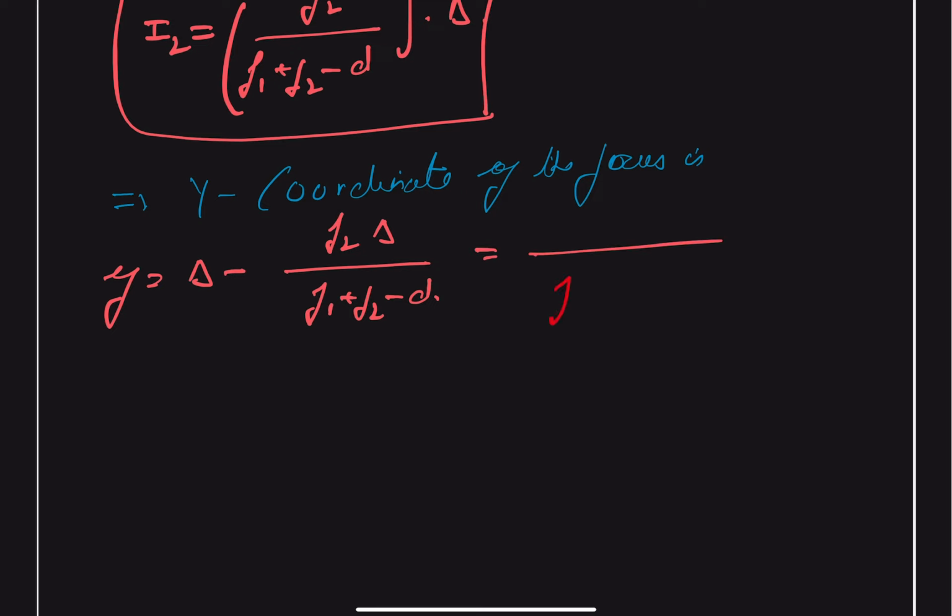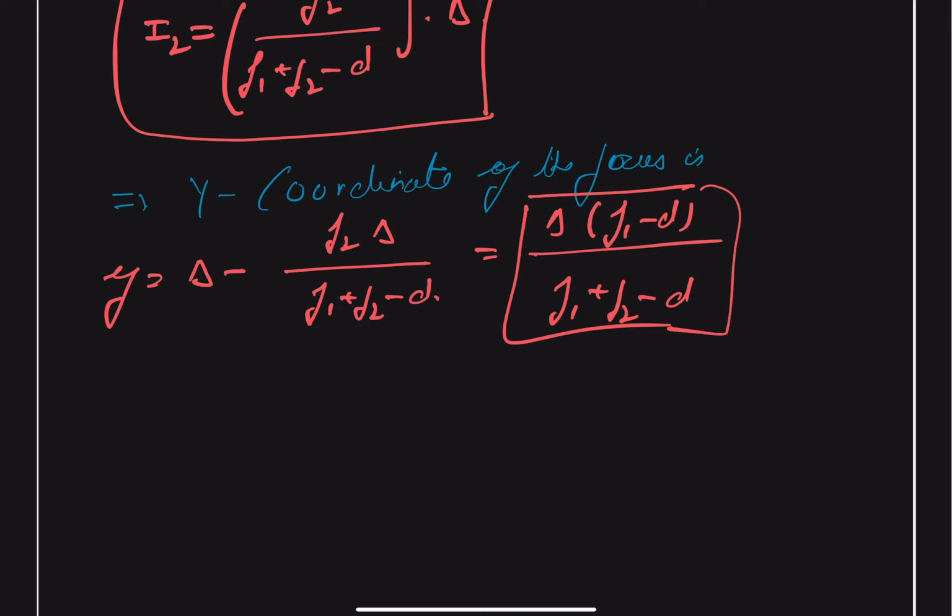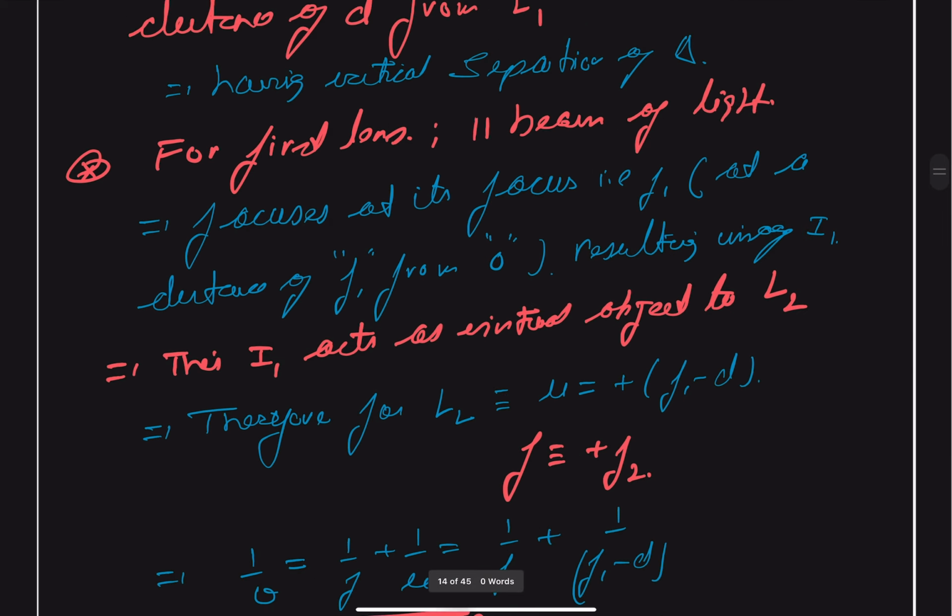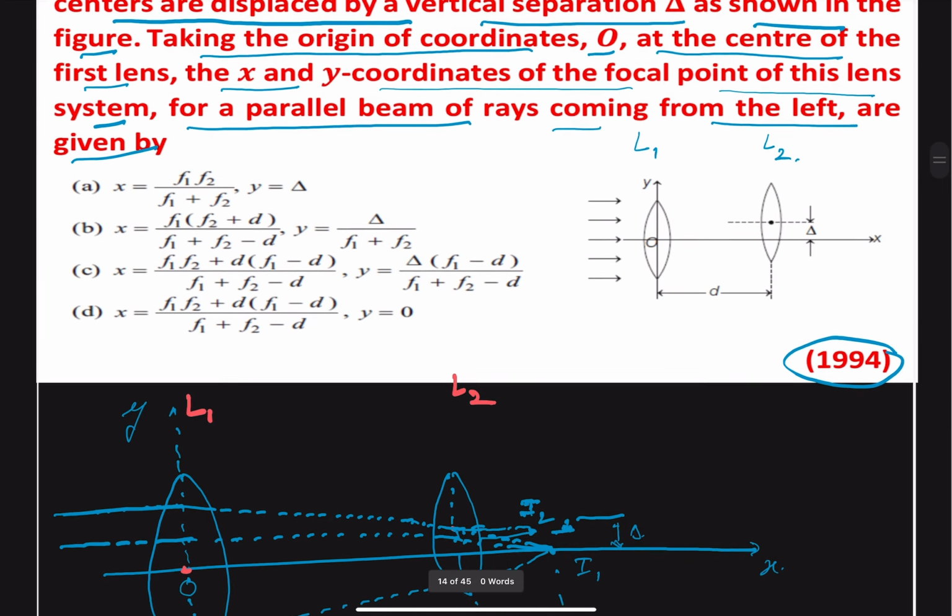This gives us f1 plus f2 minus d in the denominator, and f2 delta cancels out, so this comes as delta times f1 minus d. So this is our y coordinate, which we were supposed to find out.